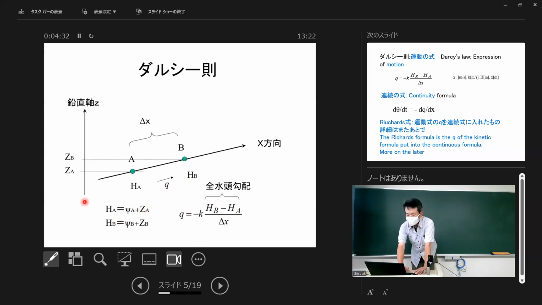まあ、これダルシー則、基本の式なんだけども、まだいいや。こんな形でこう、全水頭勾配で、勾配に比例して、proportion to this gradient. で、that is the water movement amount, flux of the water movement. これがまあ、ダルシー則で、運動則って言われてます。This Darcy's law is called the law of motion.